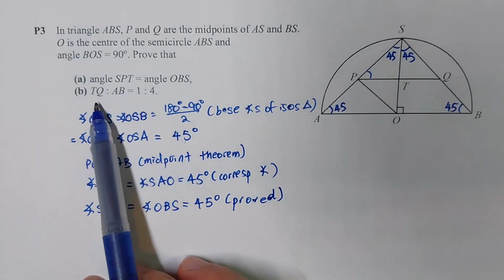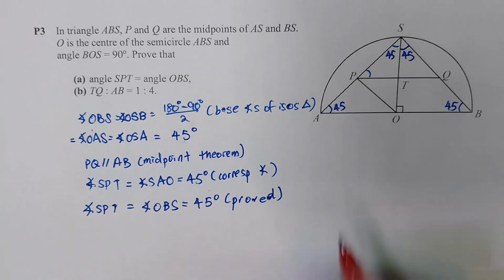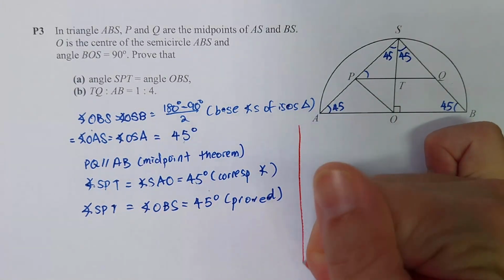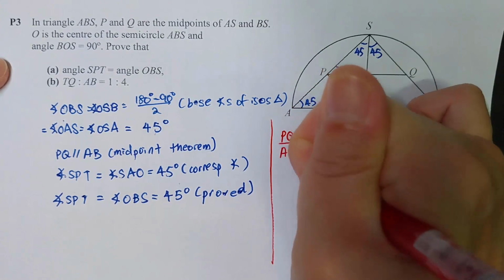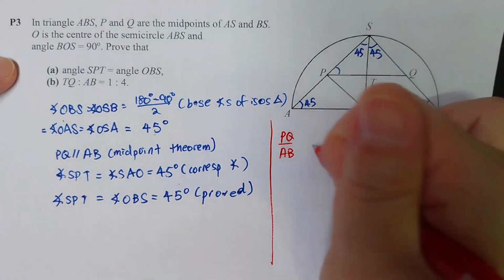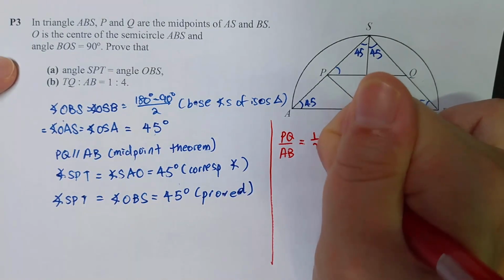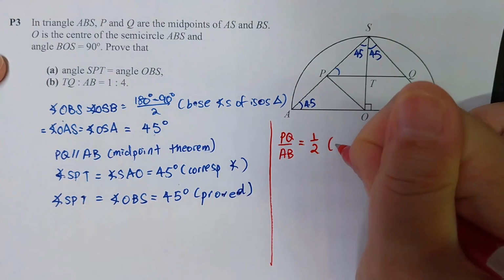For part B, we are asked to show that TQ to AB is 1:4. Likewise, we'll use the midpoint theorem again. So PQ over AB is 1/2 because of the midpoint theorem.